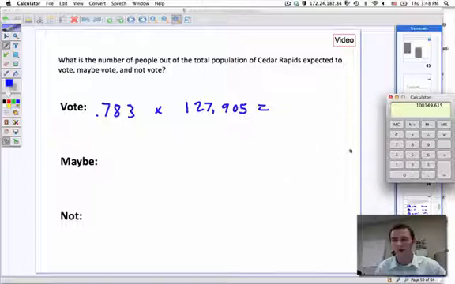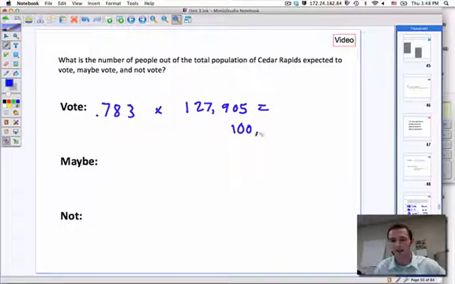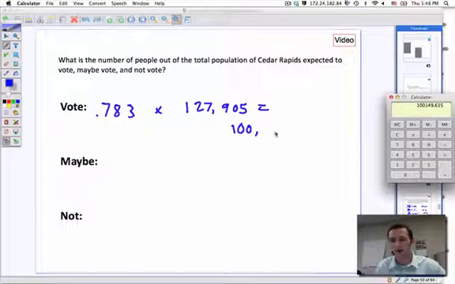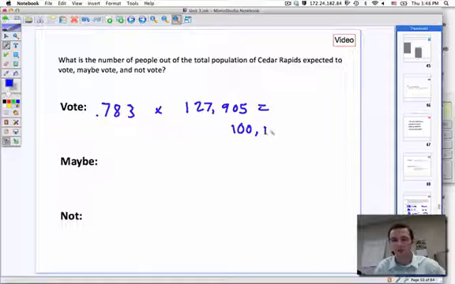And according to this prediction, that would be about 100,150 people.